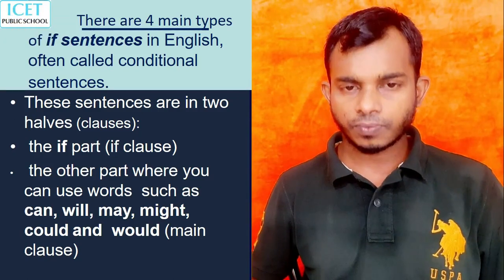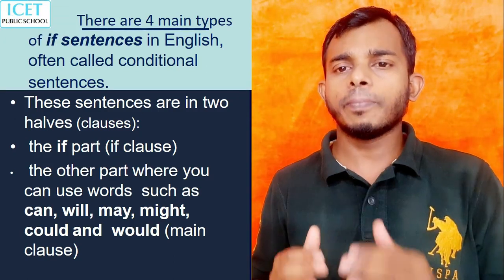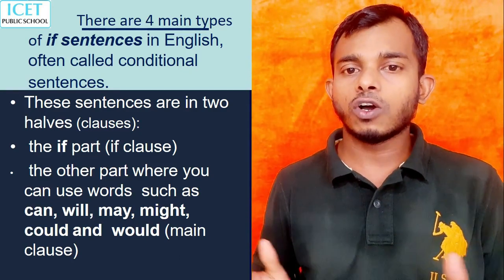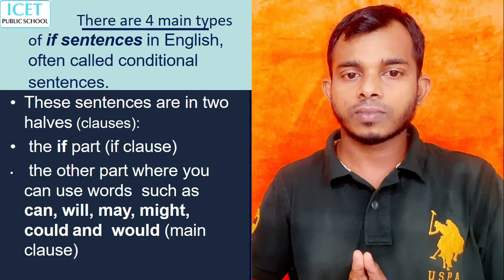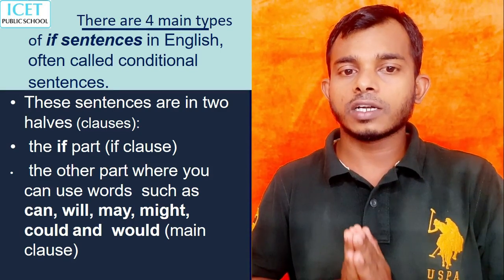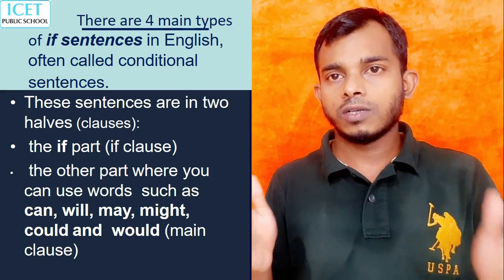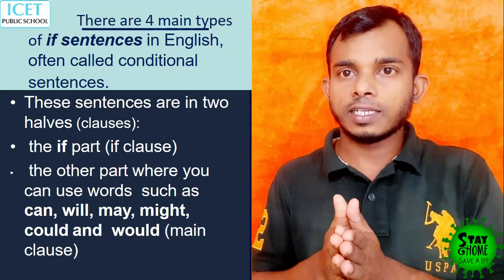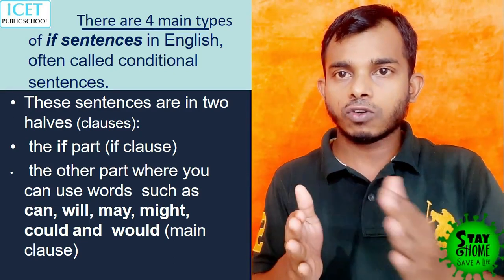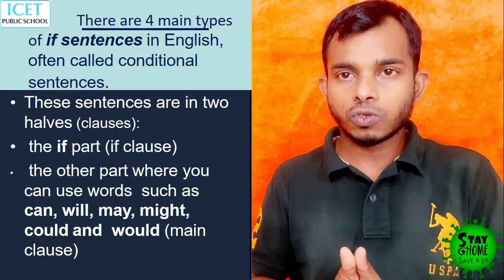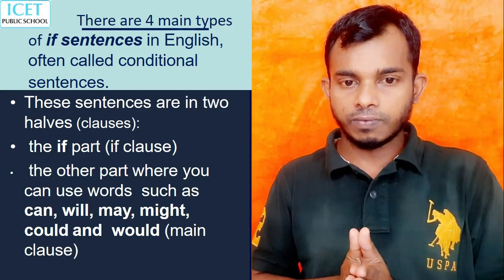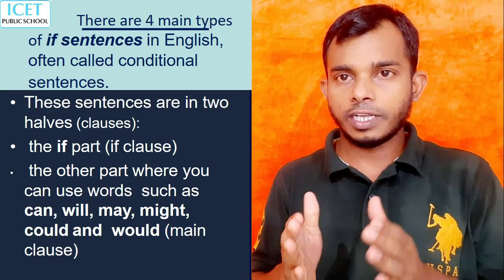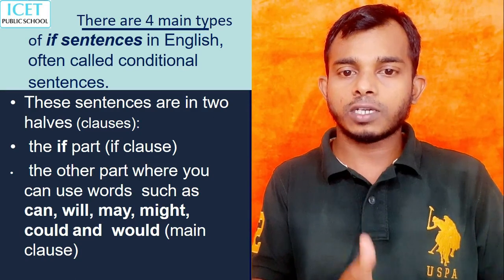There are 4 main types of if sentences in English, often called conditional sentences. These sentences are in 2 halves, first half and second half. We know that a sentence can be divided into 2 parts, and we can call each part a clause. Definitely there are two clauses in this sentence. One part is called the if part, the if clause.